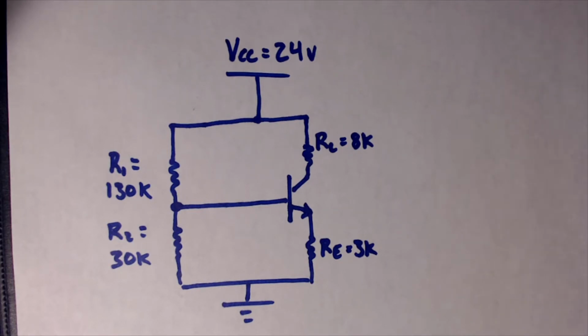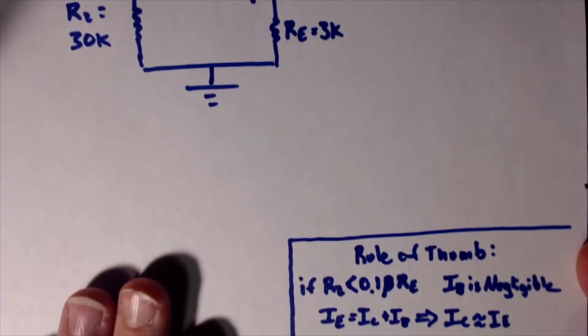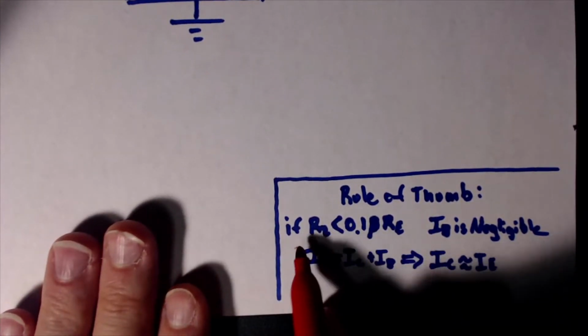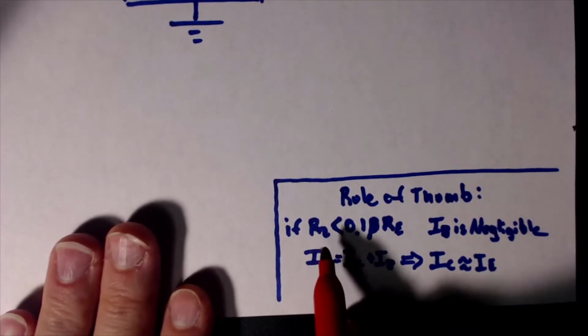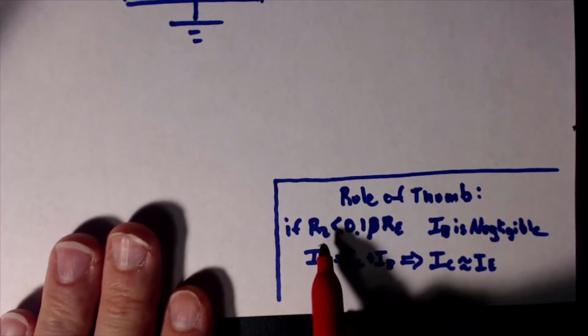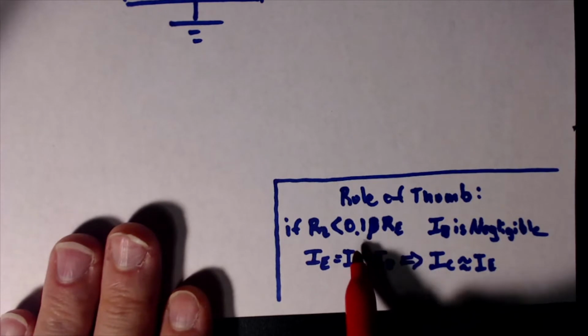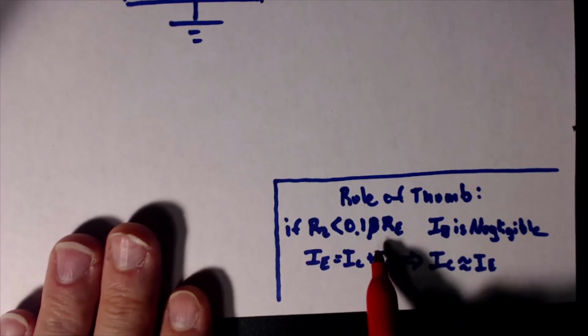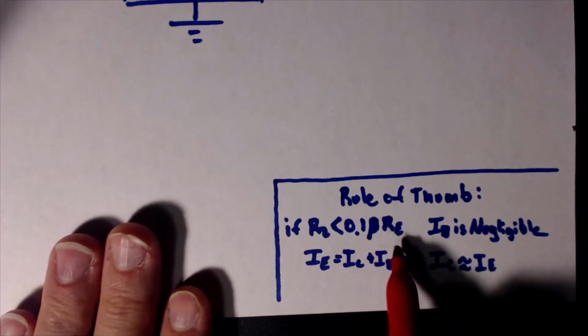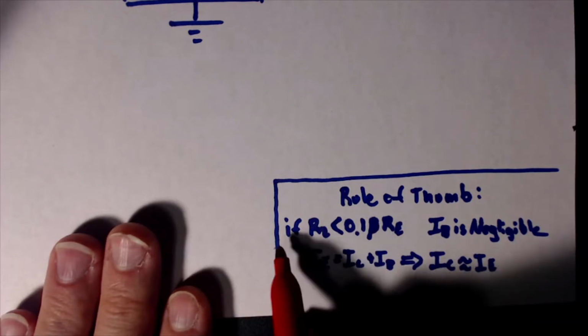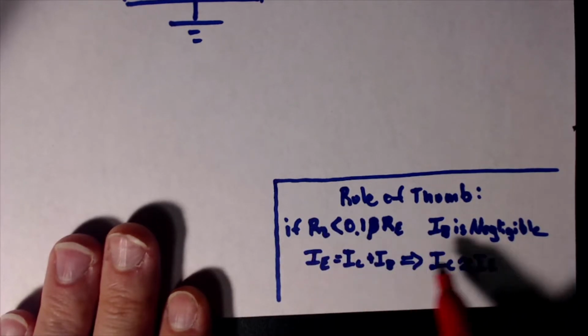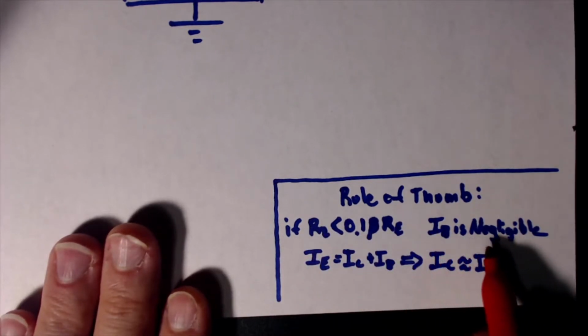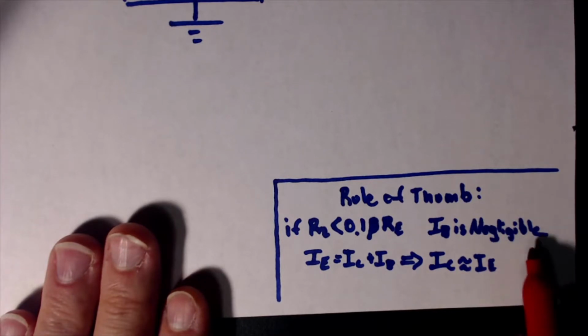As far as when you can use it, a general rule of thumb is if the resistance of R2 is less than 0.1 times beta times the resistance of the emitter resistor, then we can consider IB, the base current, to be negligible.